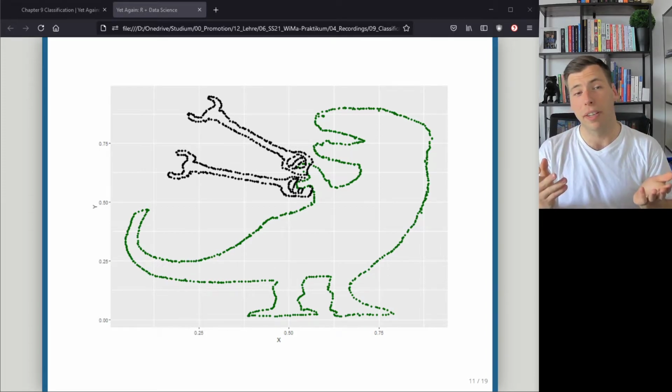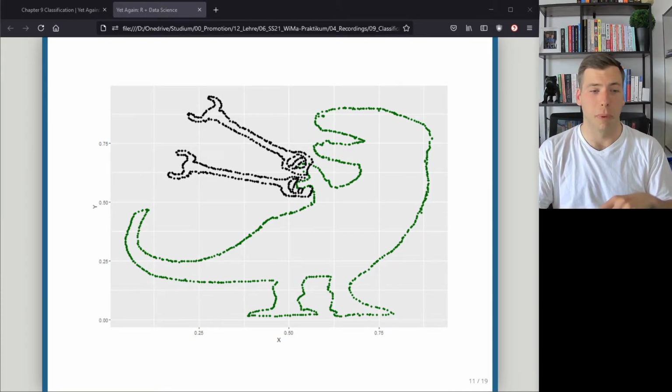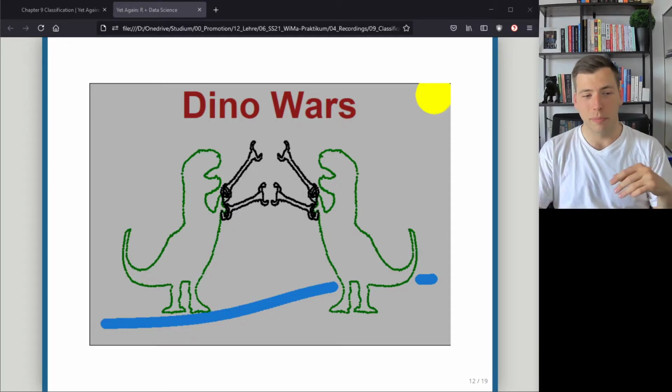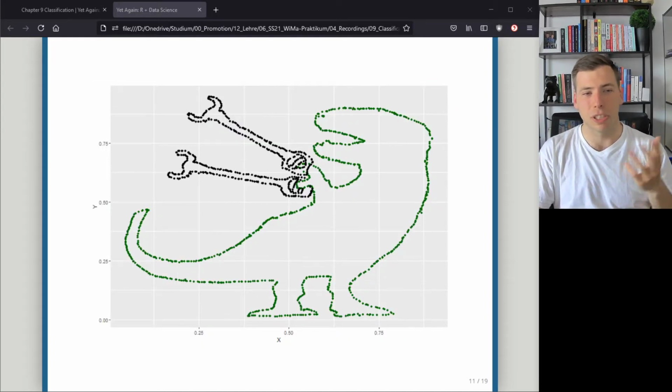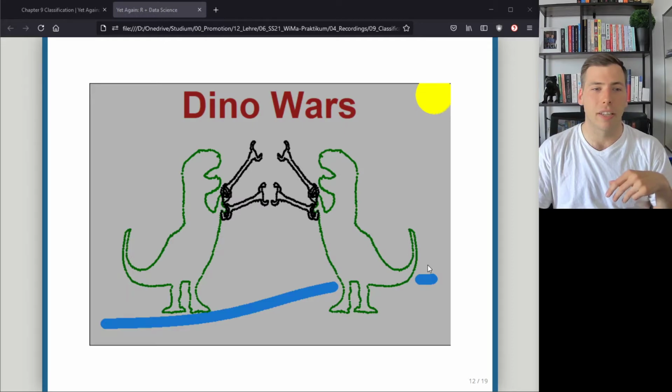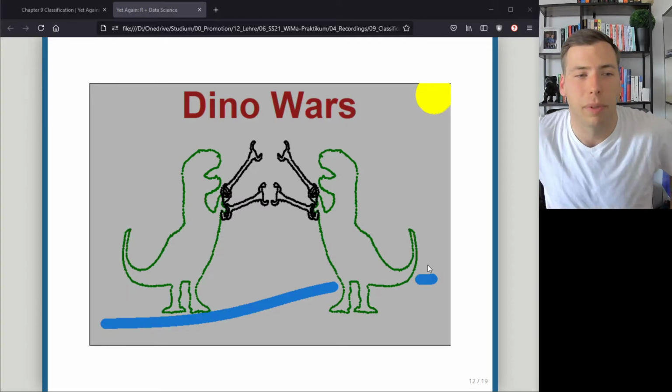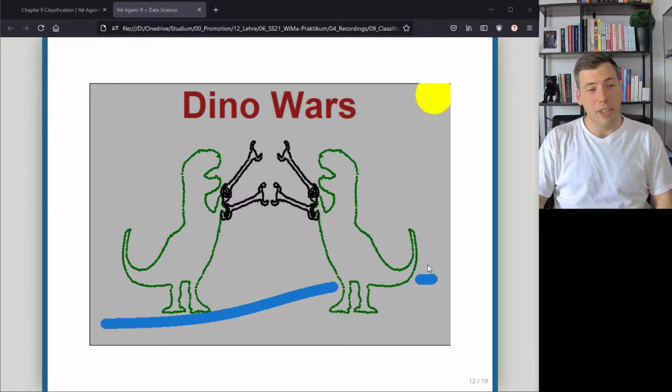But then I've been thinking, clearly what is better than one dinosaur with pliers? It's two dinosaurs with pliers. So I transformed this a bit, just reflecting the points, to have a dinosaur whose body goes to the right, and then I created a second dinosaur by reflecting that again, and then I created Dinosaur Wars.